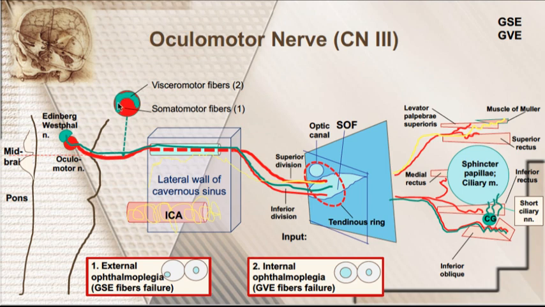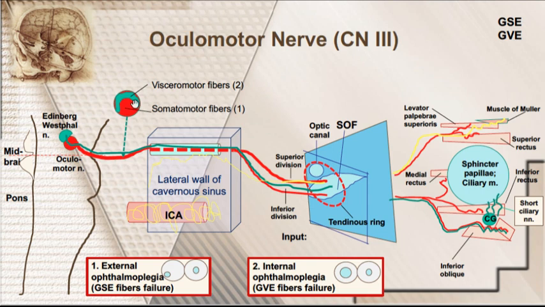Thus, the nerve root consists of the visceromotor and somatomotor fibers, which are arranged in a specific order. The parasympathetic fibers cover the somatomotor fibers above and on both sides, so the motor fibers are hidden inside the nerve. This distribution plays an important role in diagnostics.